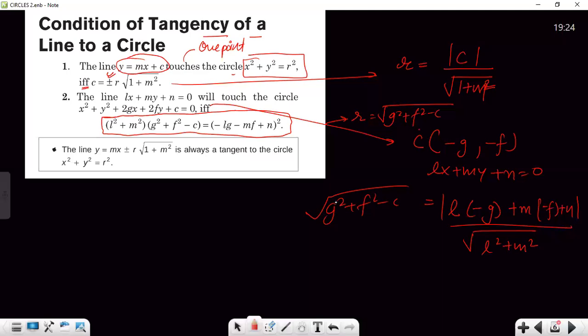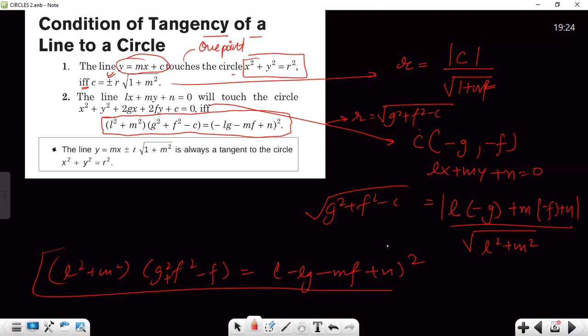Now taking square on both sides, it is equal to minus Lg minus mf plus n, whole square.